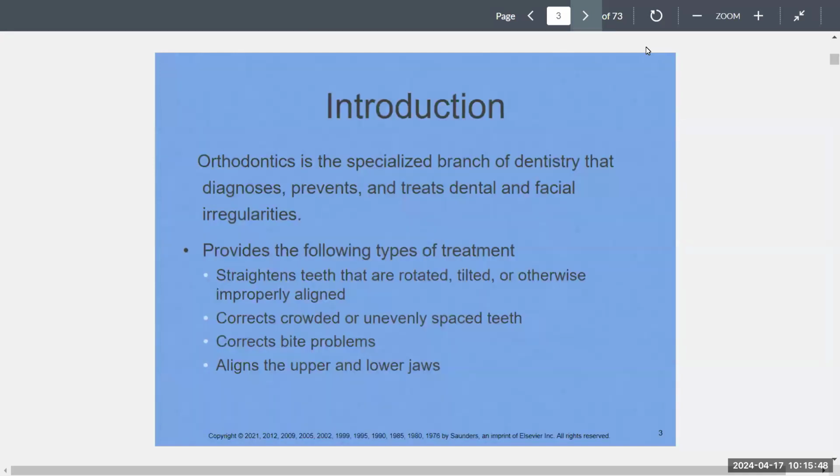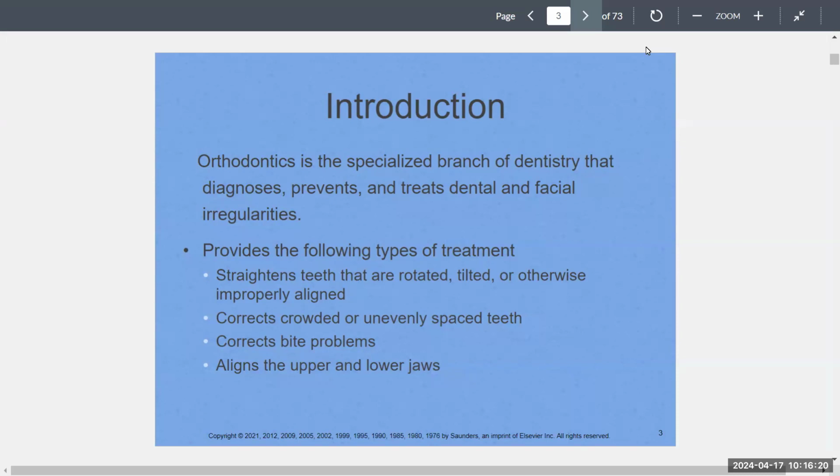So orthodontics is a specialized branch of dentistry, and it deals with the diagnosis, prevention, and treatment of dental and facial irregularities. It provides the following types of treatments: you want to align the upper and lower jaw, you want to correct the bite, you also want to fix any crowding or spacing where the teeth are spread out, and you want to overall straighten the teeth that are rotated, maybe even tilted, or otherwise not properly aligned.